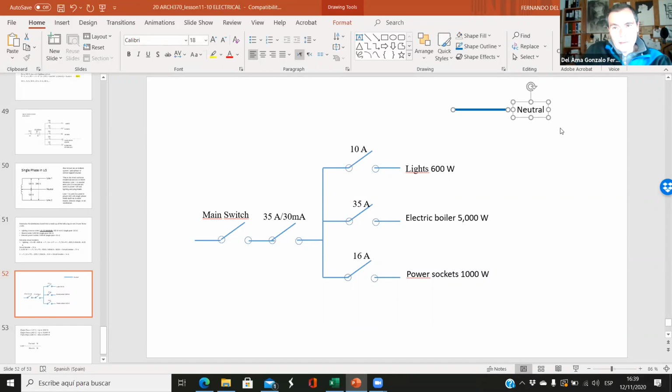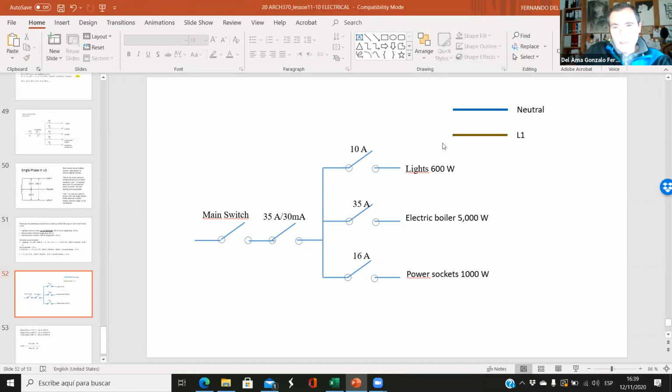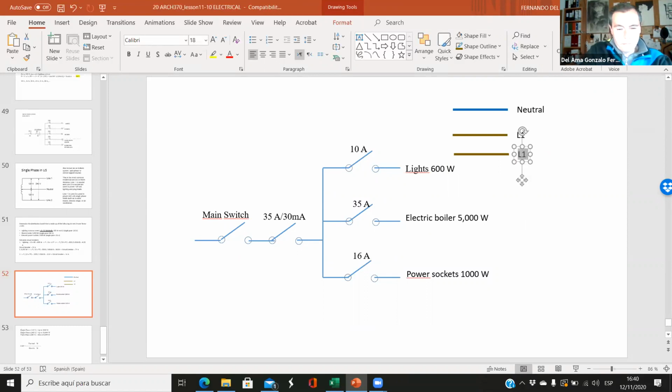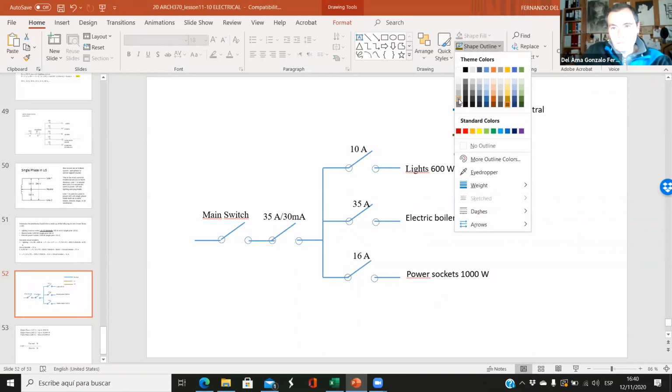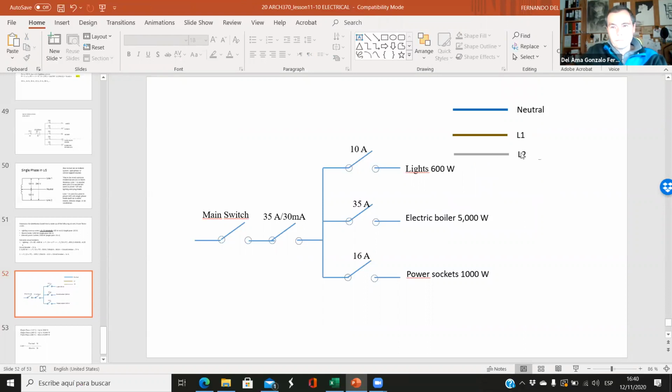And then we have two lines because it's the American system. So this is line one, can be brown. And then line two, it can be either gray or black, say gray. Okay, and now we want to make it perfect.